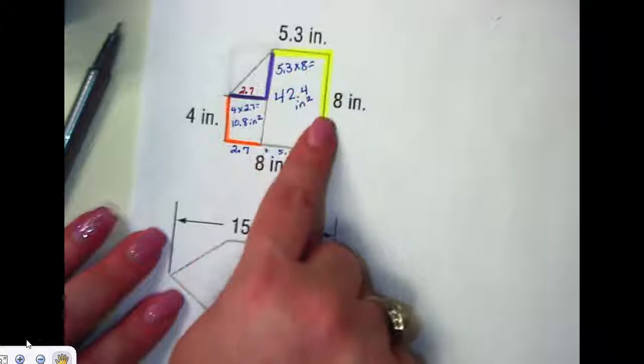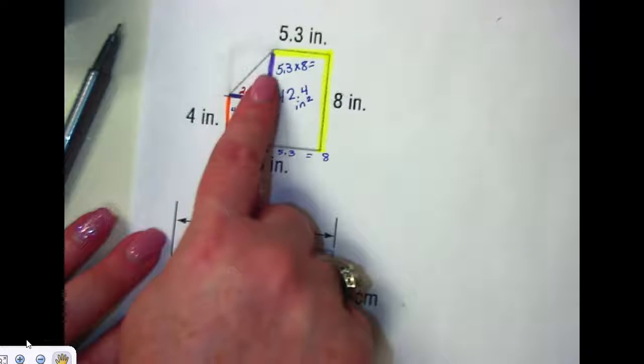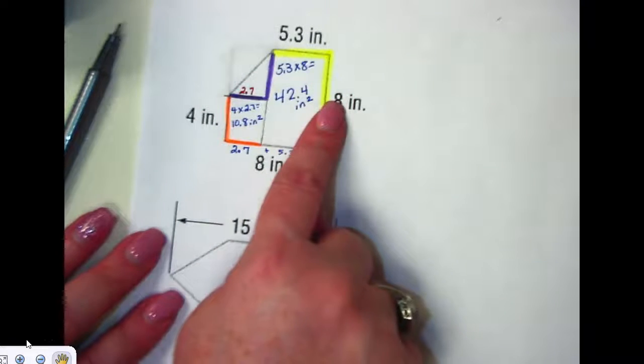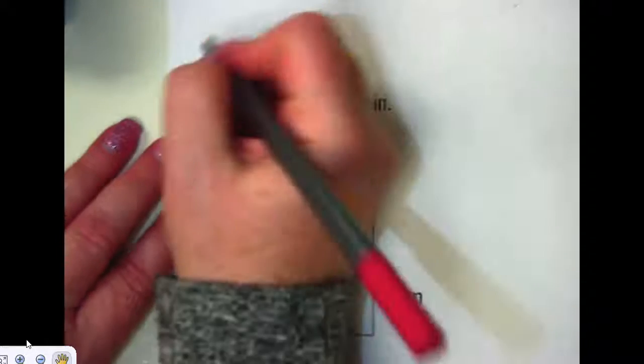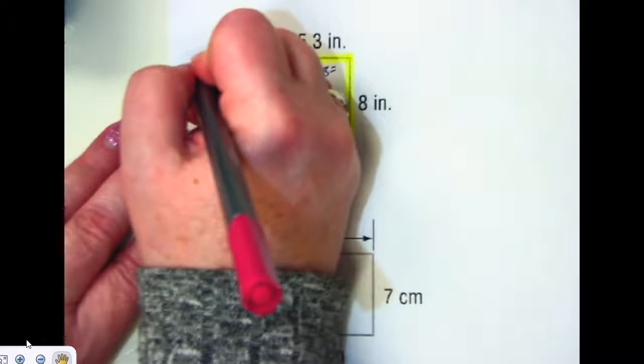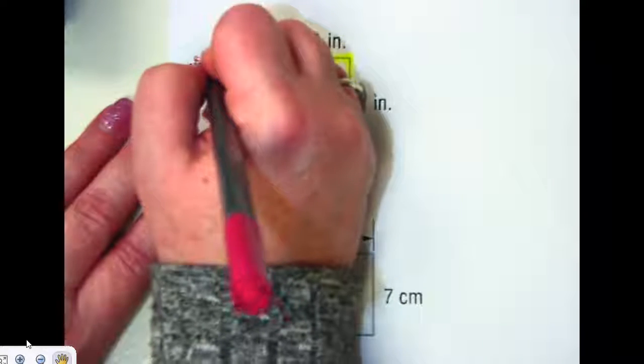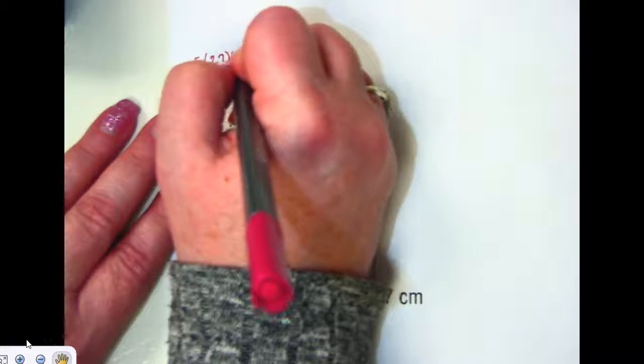The math is there. 4 plus 4 equals 8. This height is 4. So remember, this is a triangle though, so it's different. What do we have to do? 5/10 times 2 7/10 times 4.